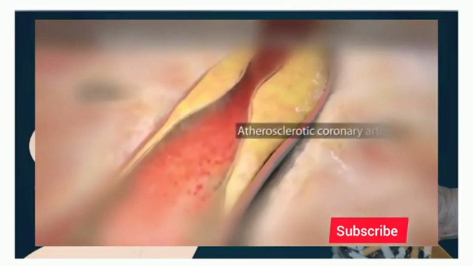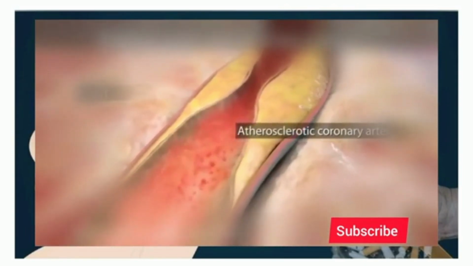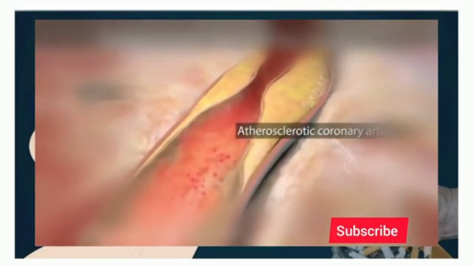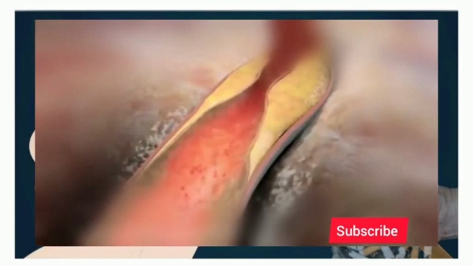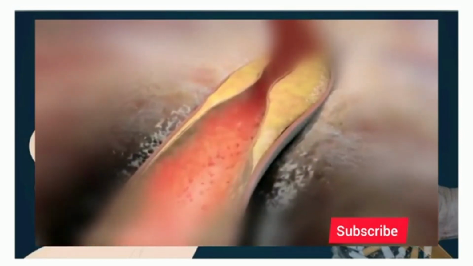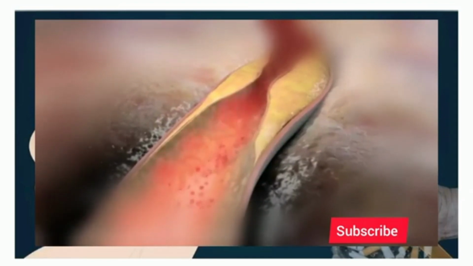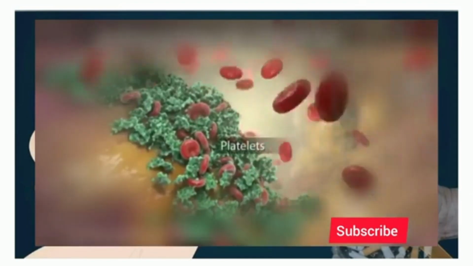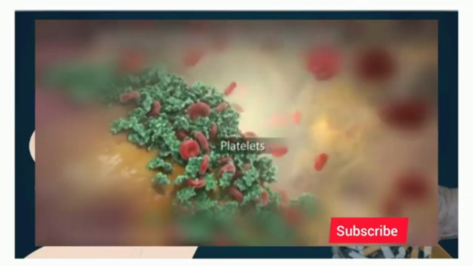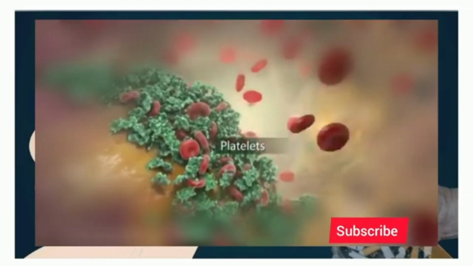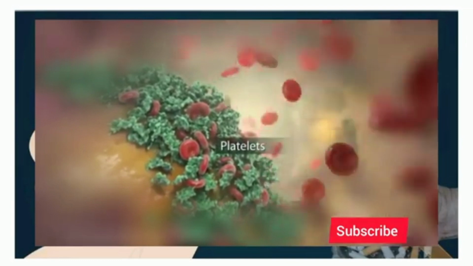In coronary artery disease, atherosclerosis narrows the arteries that supply the heart, which reduces the supply of oxygen to your heart muscle, increasing your risk for a heart attack. Smoking also raises your risk for blood clots because it causes platelets in your blood to clump together.